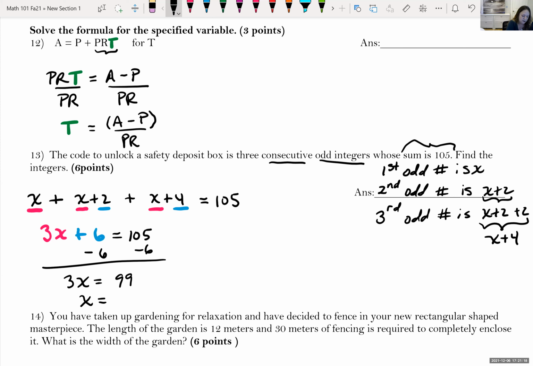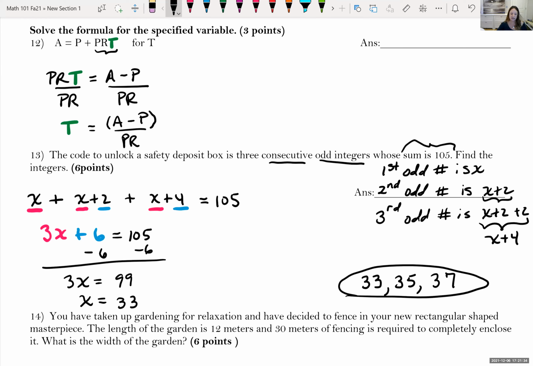Divide both sides by 3, we get x is 33. So that's just the first odd integer. The next one we know is 35, and the next one would be 37. So the 3 consecutive odd integers that sum up to 105 are 33, 35, and 37.